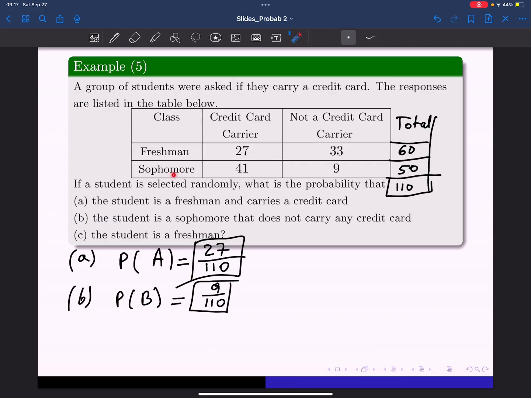And part C, the randomly selected student is a freshman. So we need to look at how many total freshmen we have. We have 60 freshmen out of the total number. So for part C, the probability of event C is equal to 60 divided by 110.